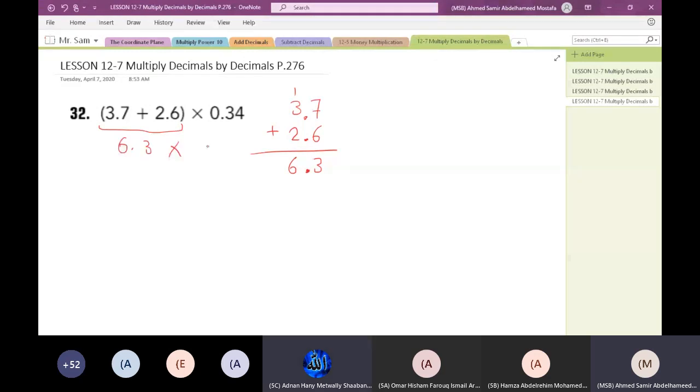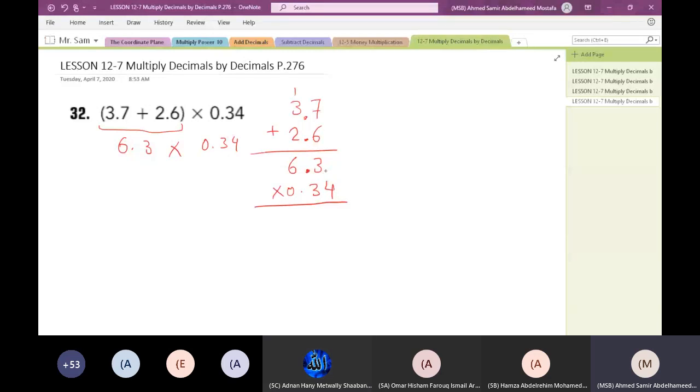0.34. So we can just multiply this by 0.34. Okay, we add a 0 for the 6.3. No, then you mixed it up. For the addition we do that, but for the multiplication we don't.